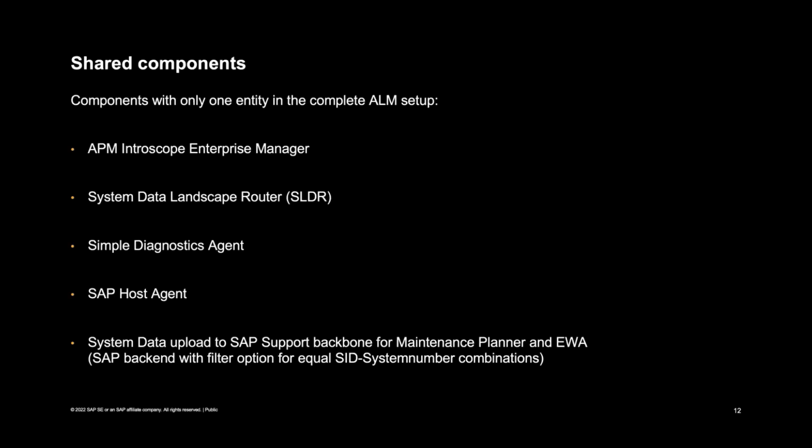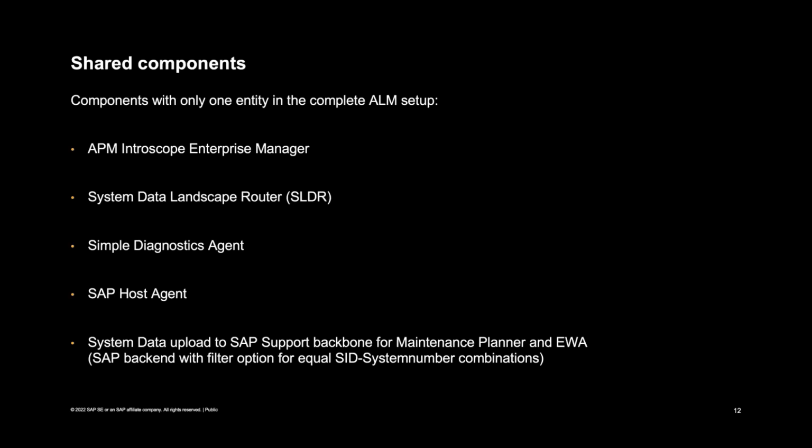This is first of all the system data upload for the Maintenance Planner scenario. Each Focused Run system by default will upload the landscape data of its own landscape to SAP. And if you have multiple Focused Run systems connected to the same managed components, this upload will also be done by each of the Focused Run systems.